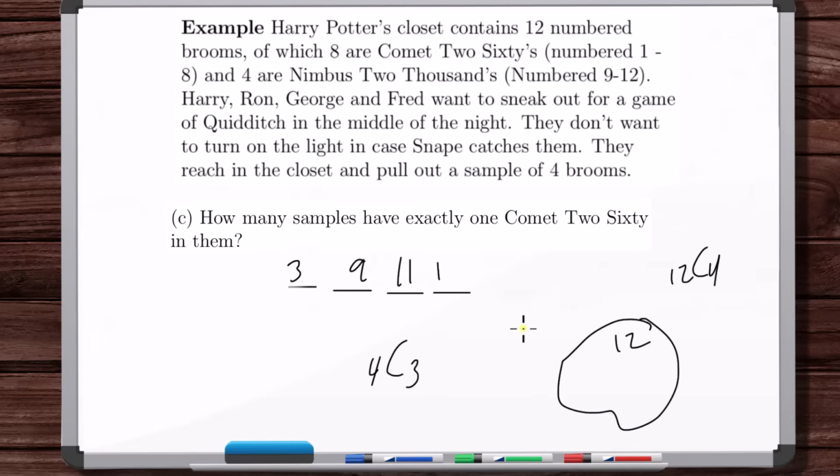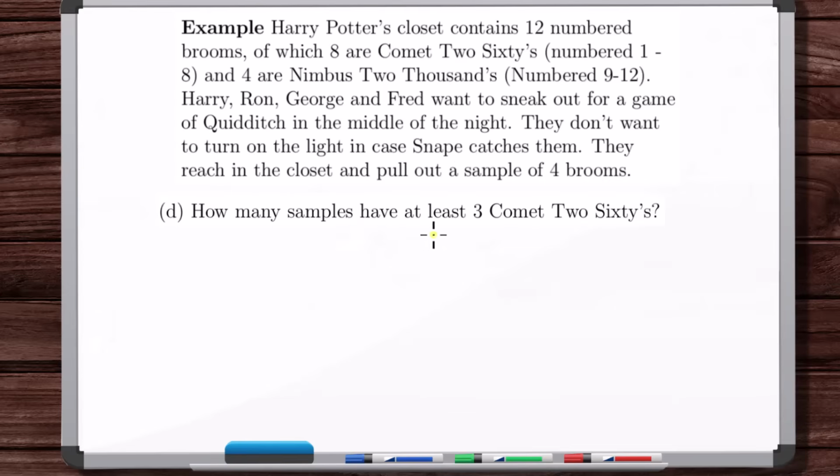Okay, but for every 9, 11, and 10, we want to count that this could be broom 2, right? So what we want to do is multiply 4 choose 3 by the number of Comet 260s. 8 times 4 choose 3, right? So there you go. 8 times 4 choose 3.